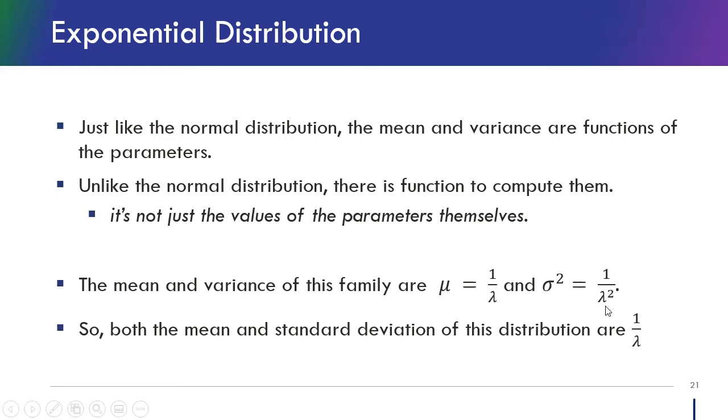You will use this in some of your homework questions. This is the variance, but the standard deviation, which is the square root of this, so the mean and standard deviation are both 1 over lambda.